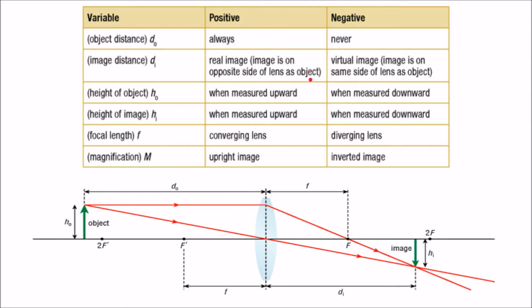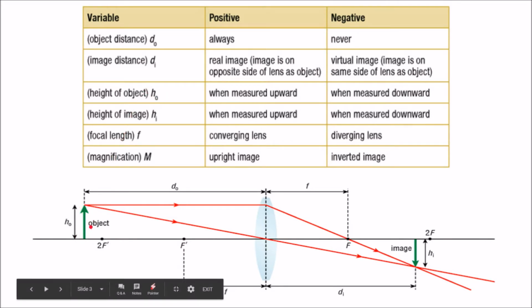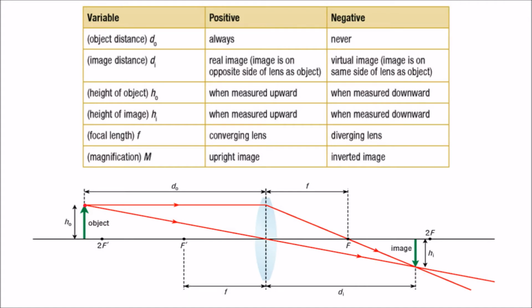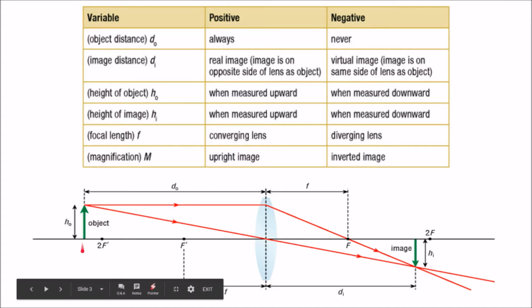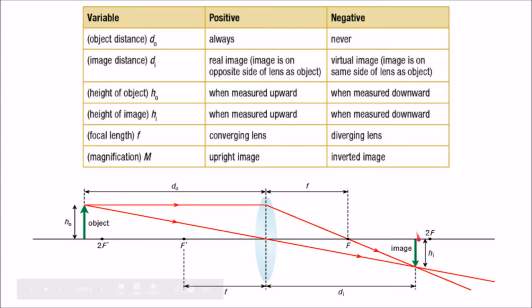So that's the whole point of this table, is to help us figure out if the variable we're using is positive or negative. The other one we have here is height of the object, so how tall our actual object is, and if it's measured upwards, it's going to be a positive height. If our object was down here, we would measure a negative object height. Similar thing goes for the image. If we have an image that measures up this way, it would be positive, so that's an upwards image.